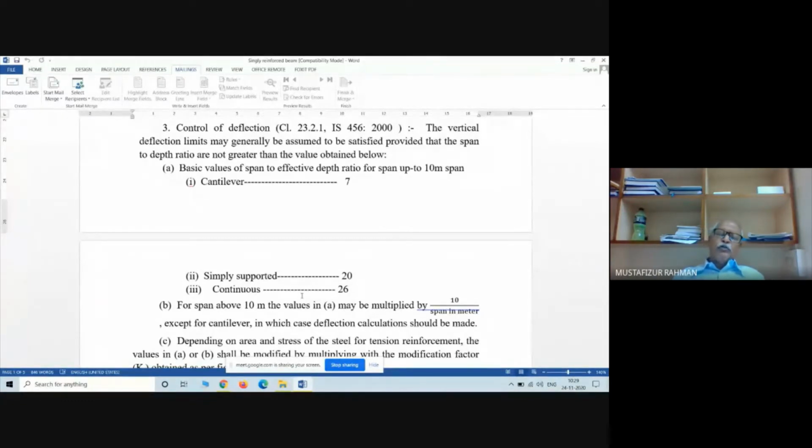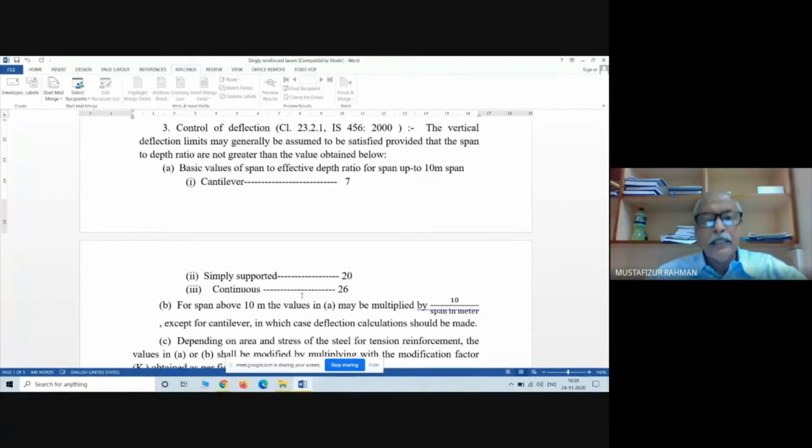So without going into theory of structure, IS 456 gives some thumb rule by which whatever we use will remain within the limiting value.